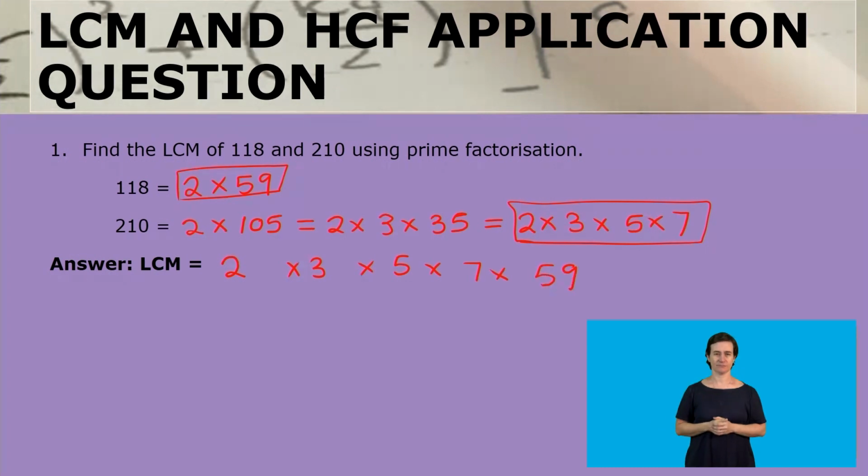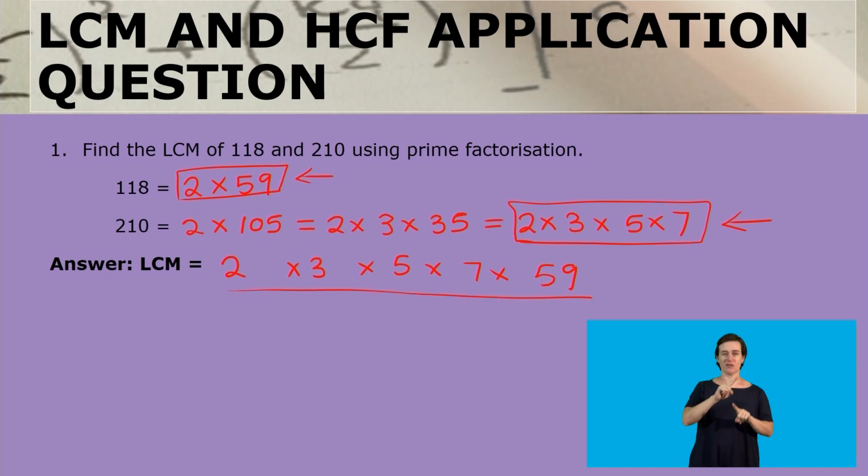Once I've listed all of these factors, I am going to look for the one with the highest frequency. So we can see there that 2 appears once and 59 appears once. And we can see also there that 2, 3, 5, and 7, they all each appear once. So that means that the highest frequency is just that once. So each number here is going to be multiplied as we have written there.